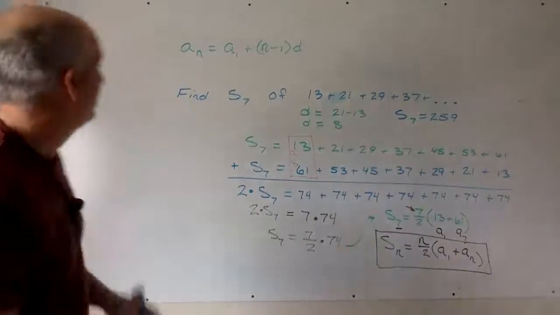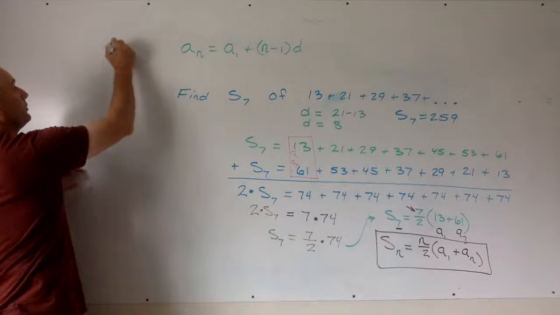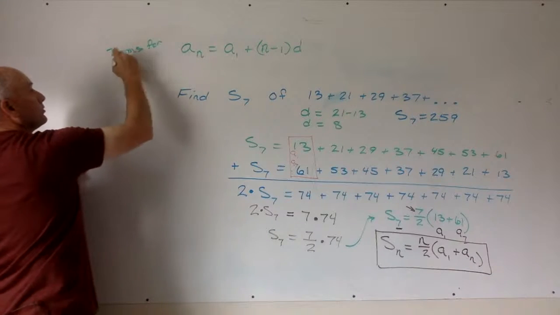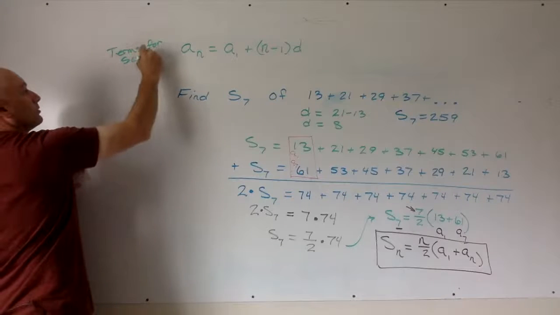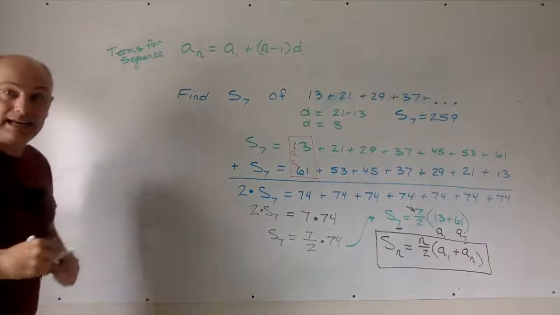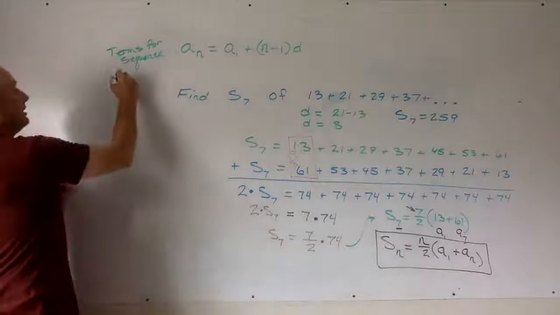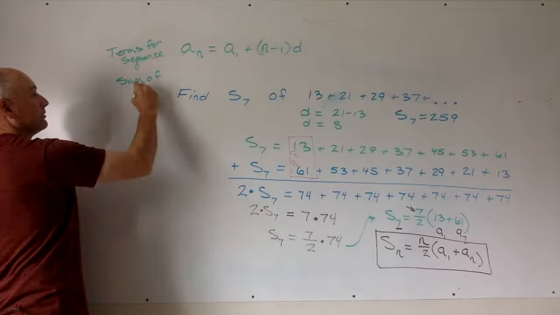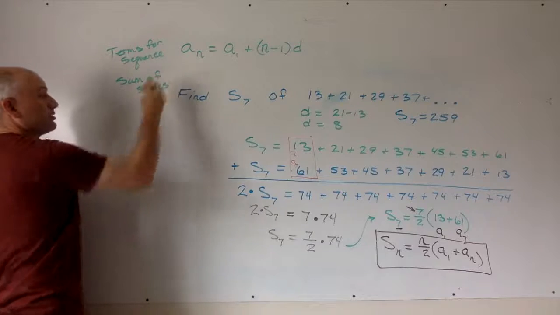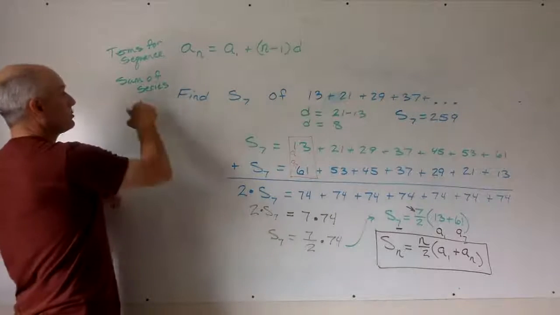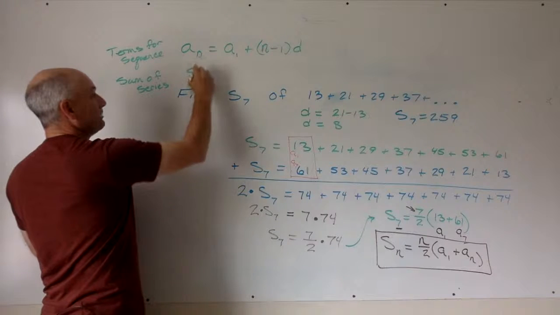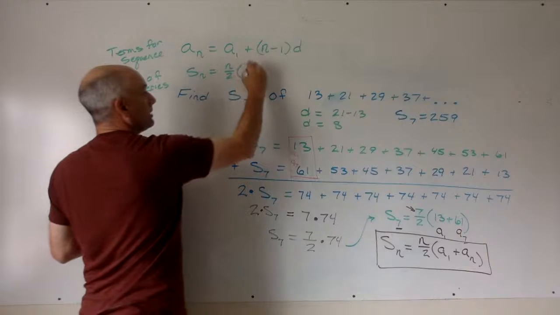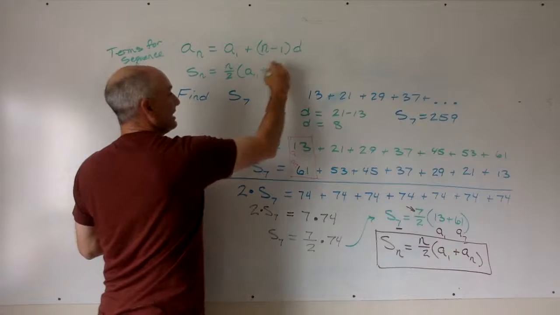So now we have the terms for the sequence, but now we get to add to that, and we now have the sum of the series. Now keep in mind, this is all arithmetic here. So the sum of the series, S sub n, is equal to n over 2 times the addition of a sub 1 plus a sub n.